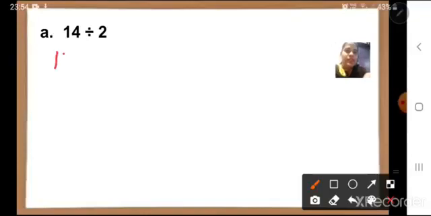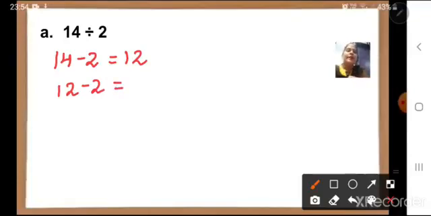We'll write here 14 minus 2 is equal to, children, what is 14 minus 2? 12. Correct. Now 12 is remaining, so you will write 12 in the next line. Then again we will do minus 2: 12 minus 2 is equal to 10.